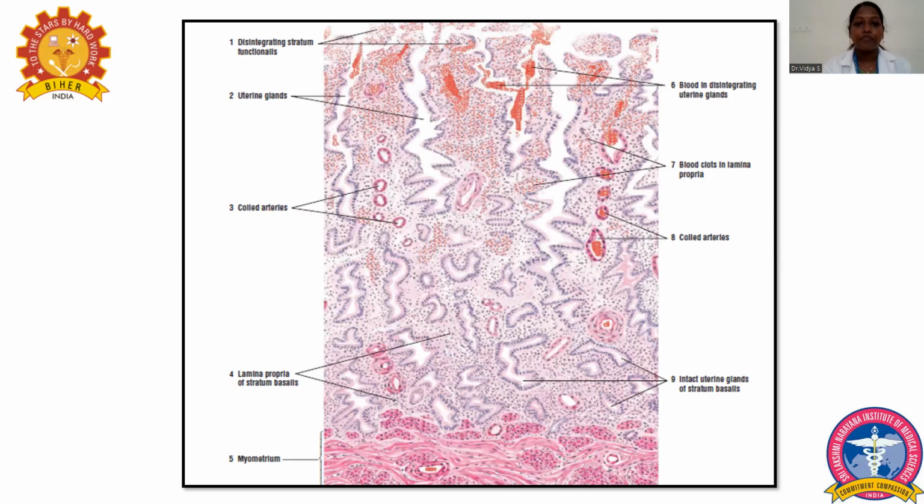Here you can see the coiled arteries, and the uterine glands are also very tortuous. In the menstrual phase, there is a blood clot here. The blood is disintegrating in the uterine glands, and you can see the blood clots in the lamina propria.